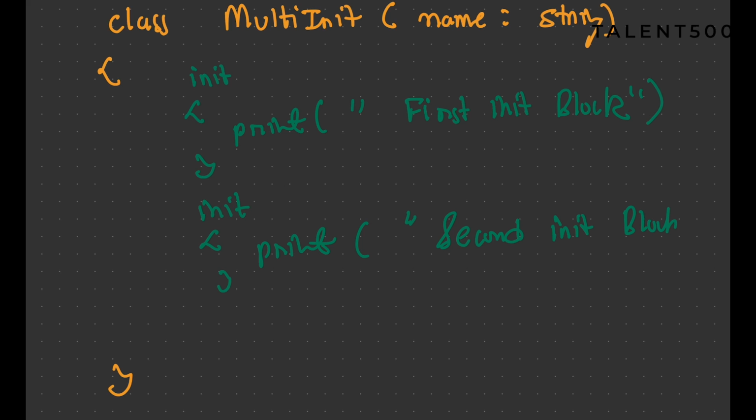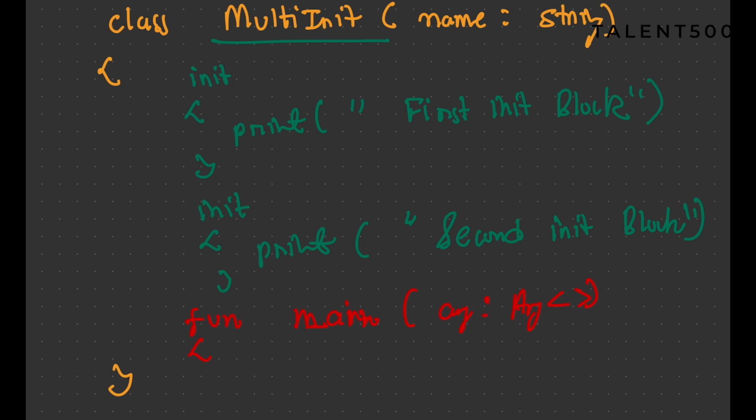init block". After that, inside the MultiInit class, if you have a function, let's say the name of the function is main, with the argument of an array of strings. You would already be aware of all these, the main function basically.